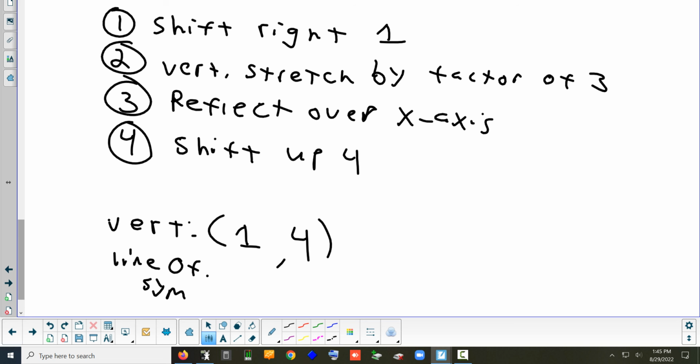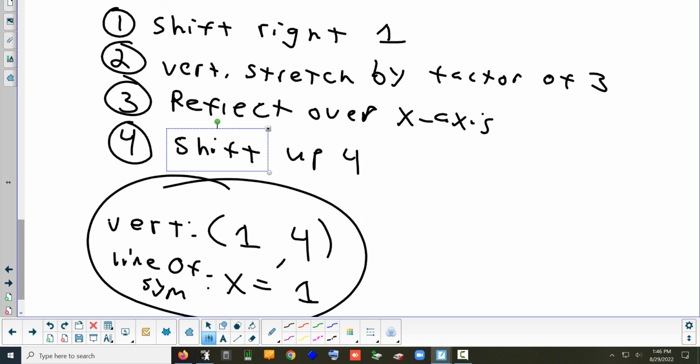X equals, good. So X equals. And what number? Again, one of these out of the shifting, one of them makes no difference at all. Jared? Yeah. X equals 1. Yep, X equals 1. Perfect.